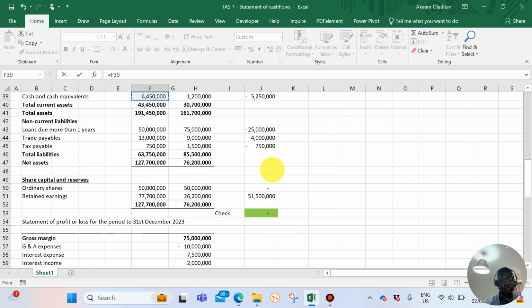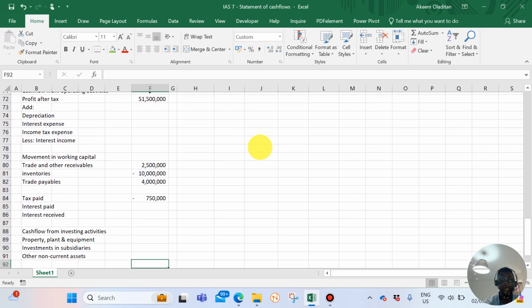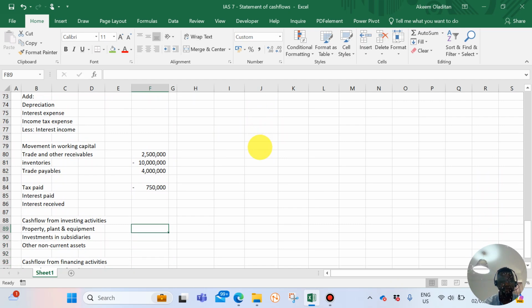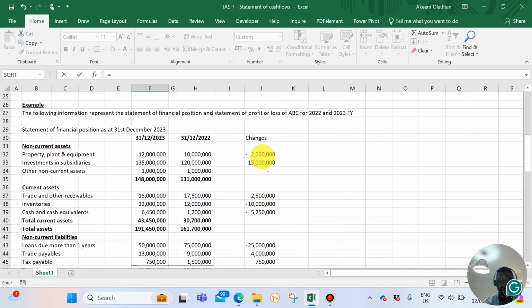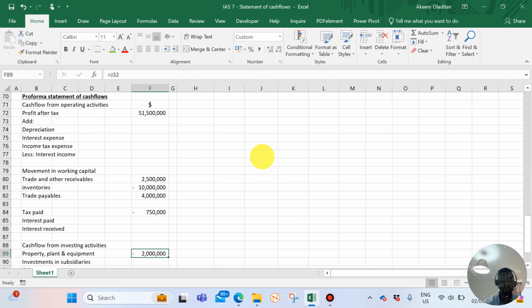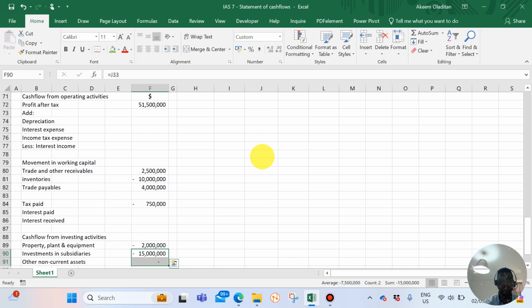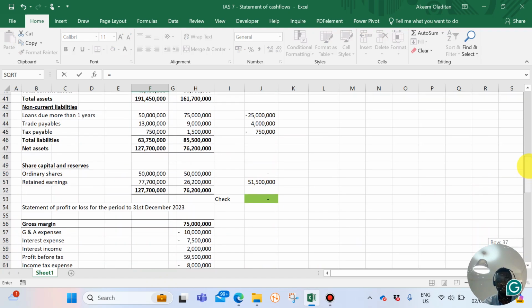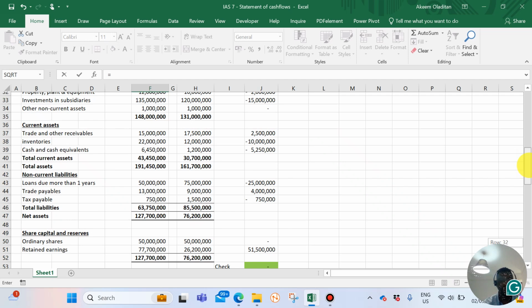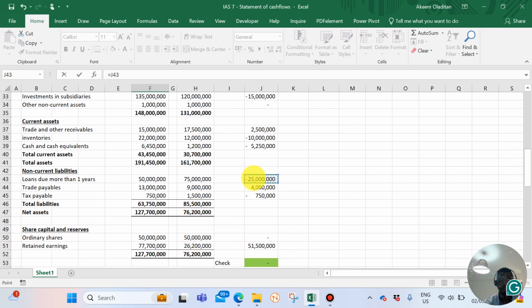So like tax paid, I think I've covered trade payable. Another aspect I haven't covered is all this property, plant and equipment. I need to bring them down. Then loans, I need to bring it down. Loans. Yeah, that's it.